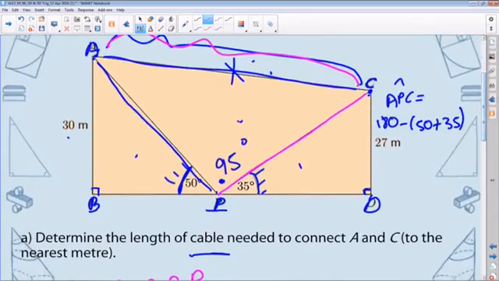So looking at this angle here, which is 50 degrees, what am I looking for? I'm looking for AP, which is the side opposite the 90, so that's my hypotenuse. What have I been given? I've been given the opposite side. So the known over the unknown gives me 30, which is opposite, over hypotenuse, which is sine of 50 degrees.